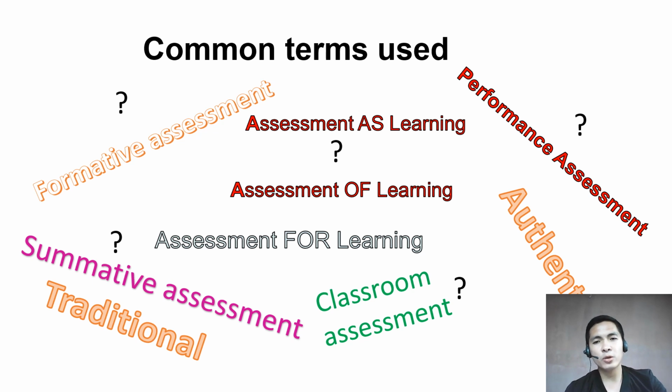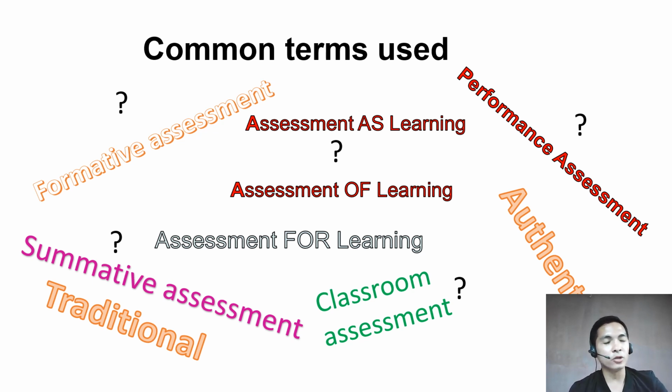Now, we all know that we teachers give marks to our students, right? What is all about marks? Marks are reports or results of evaluating information obtained in the assessment process. There are two kinds of assessment. First, authentic assessment and the traditional assessment.